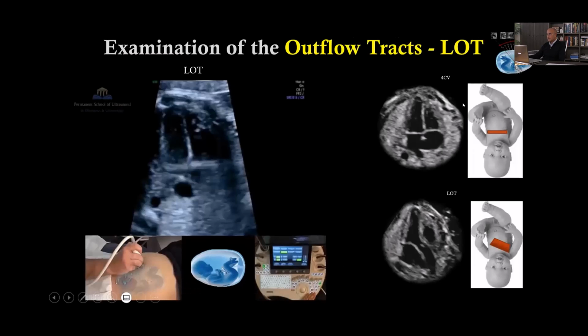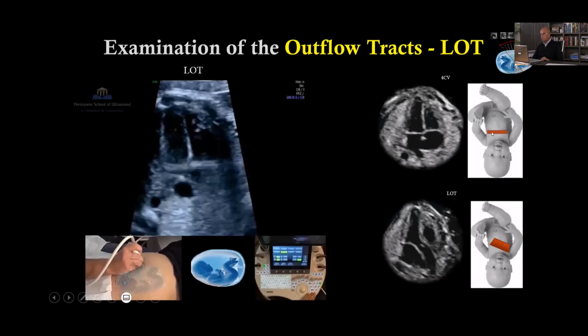Looking at the left outflow tract, how we can get it, starting from the four-chamber view that all of us are able to obtain. You can see in red the ultrasound beam that is parallel to the diaphragm, because the position of the heart in the fetus is horizontal.